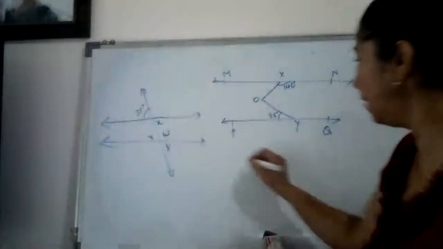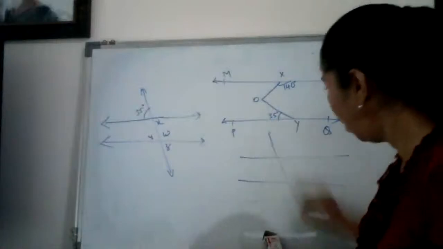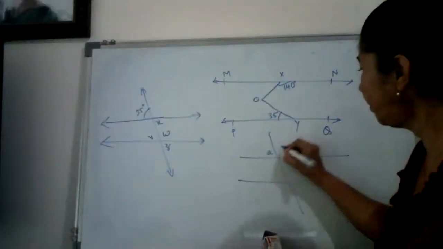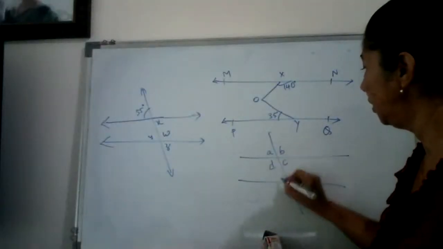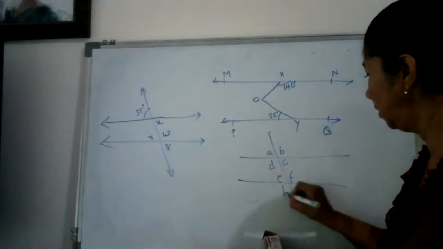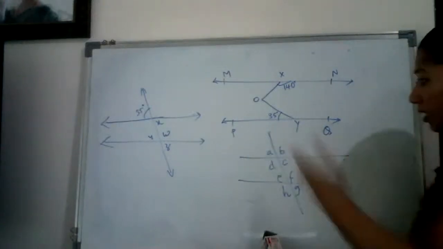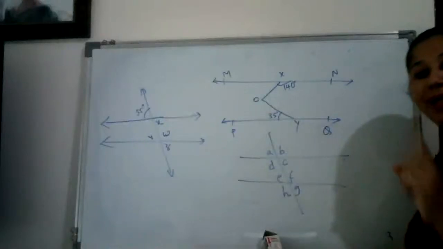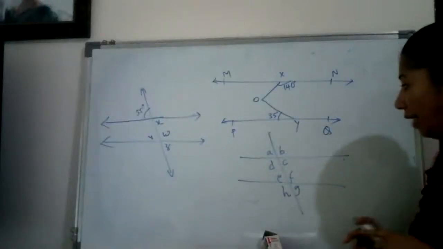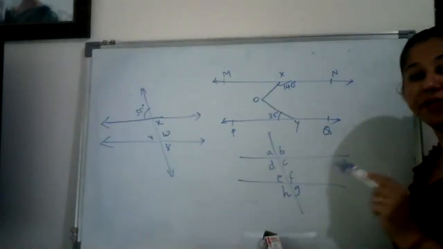Before starting this, I'll give you a quick recap of the angles. Look here, everyone. When 2 lines are there and a line intersects them, we call it a transversal. And when we do this, we get different pairs of angles.